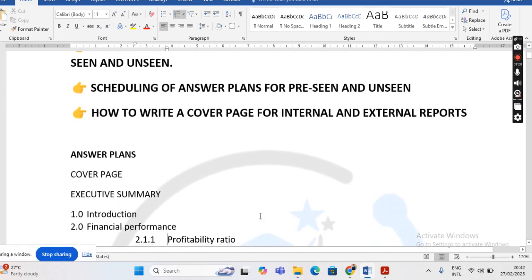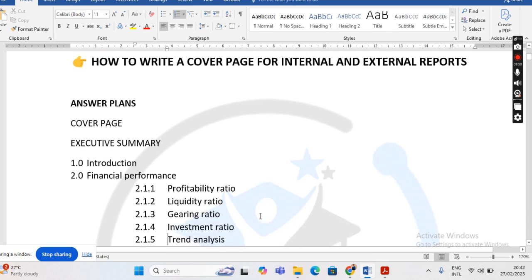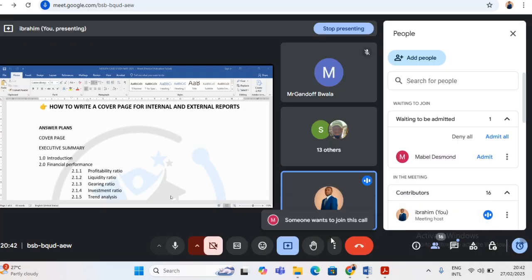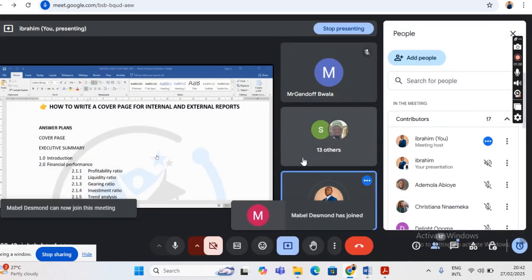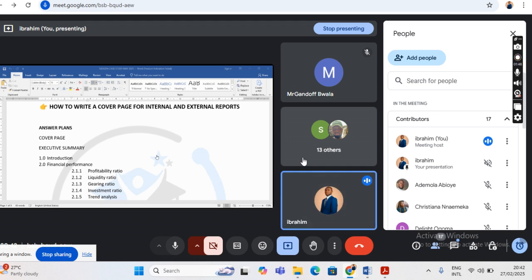Now, in our previous lecture, we said that when you want to do an answer plan, the first thing in your report is your cover page. Don't forget that in our previous class, we were able to identify internal and external reports.